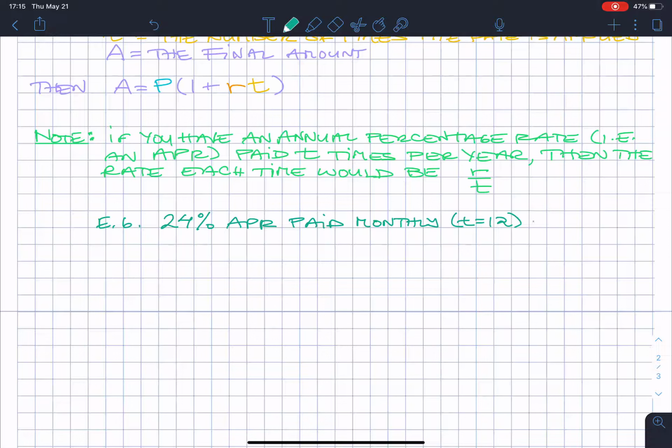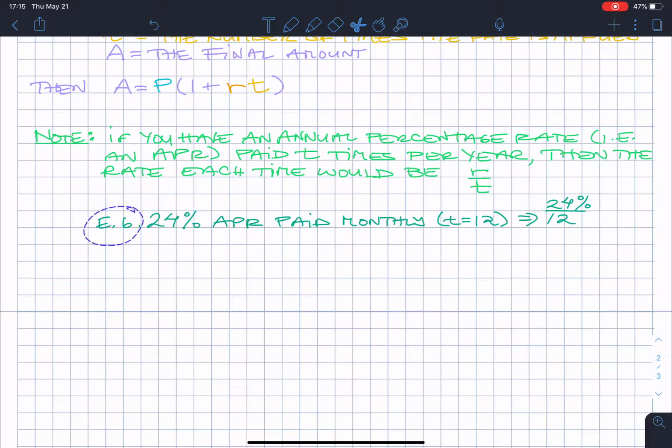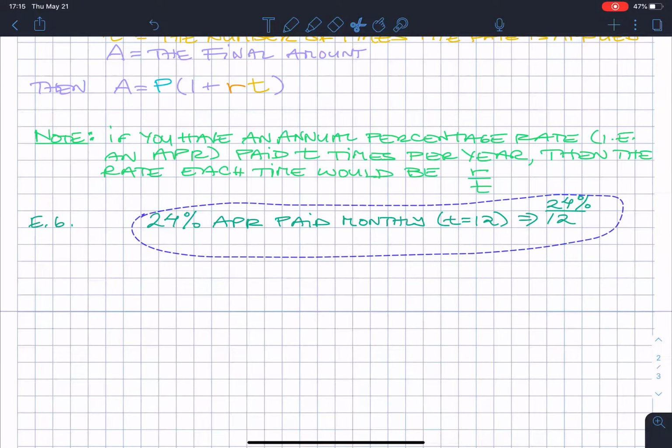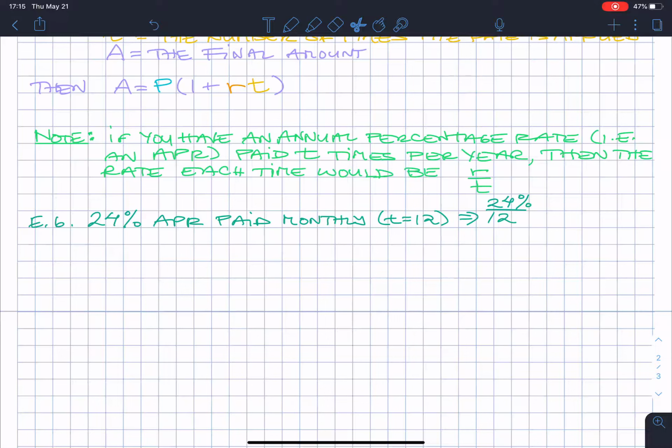So what this means, it'd be 24% divided by 12, which is 2, right? So it would pay 2%. So 24% APR paid monthly would be 2% each month.